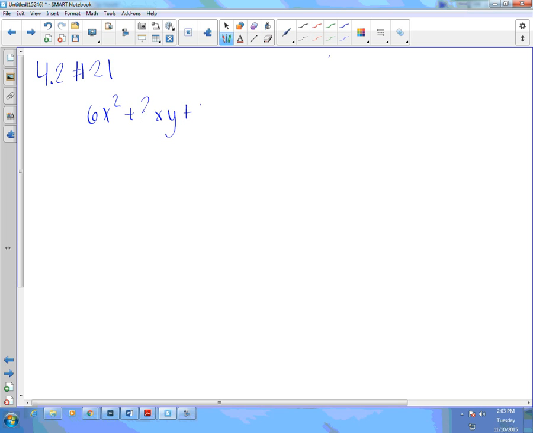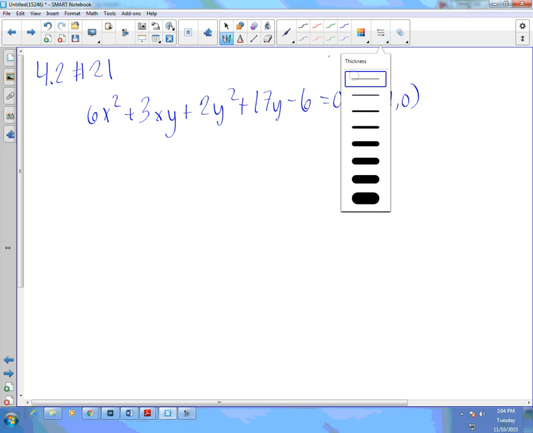Okay, this one says find the lines that are tangent, which means both tangent and normal, so we need equations. The derivative only gives you the slope. You have the point given to you, but in order to find the tangent line, you need a slope.